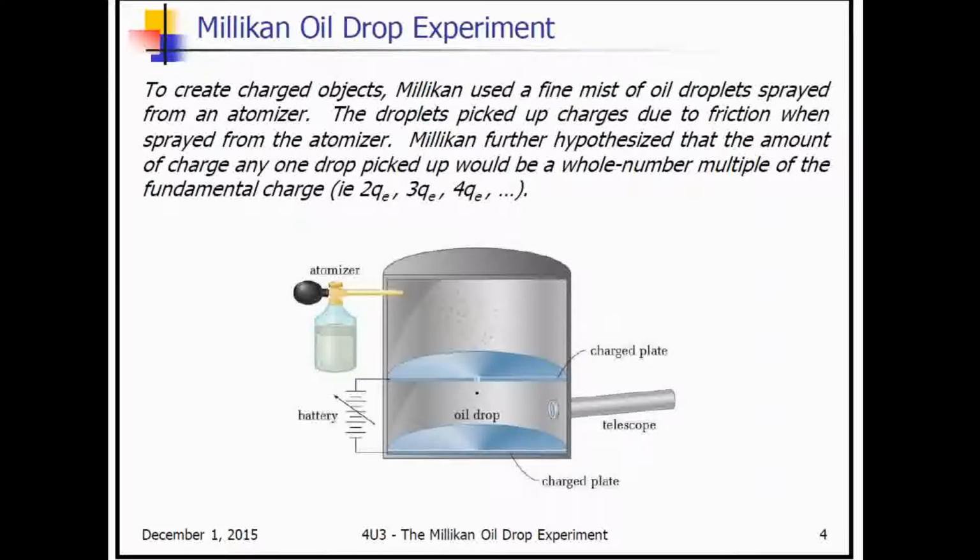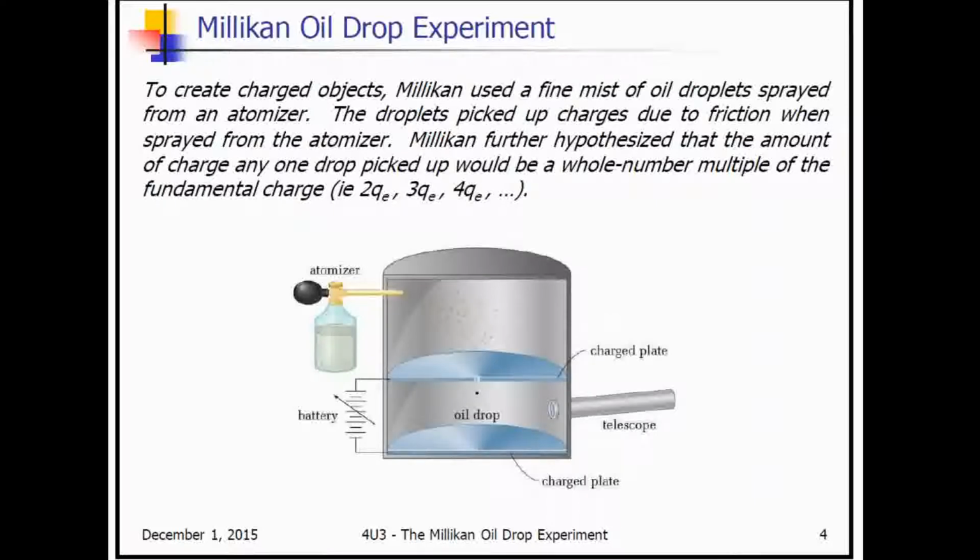And when he found the stopping value for that charged particle, he could then determine what the charge was. He was hoping that once he found all this data, he would find some sort of relationship. If there was an elementary charge, then each data point he got would have to be a whole number multiple of that fundamental charge.